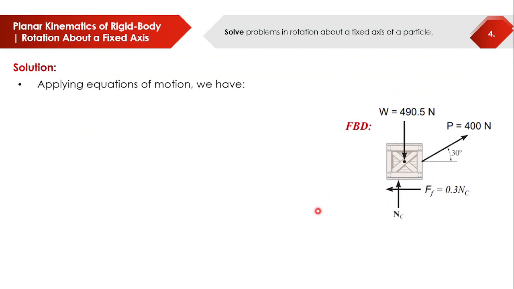So applying the equation of motion, we have all forces along x will be equal to the mass times acceleration along x. Okay, so that will be P times cosine 30, since the horizontal component of this one using trigonometry is 400 cosine 30.